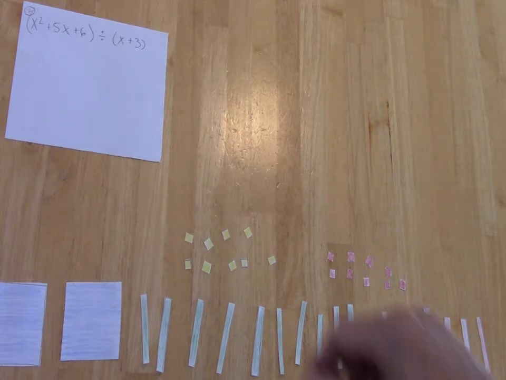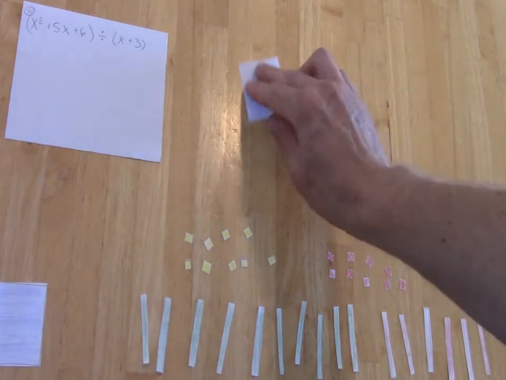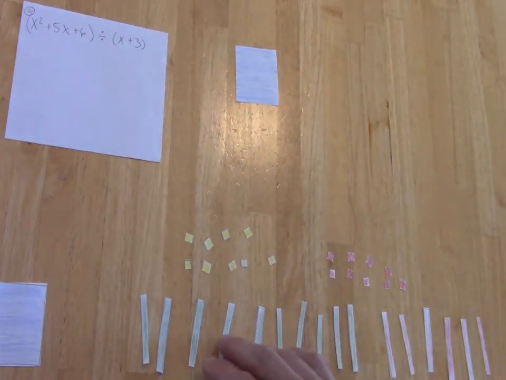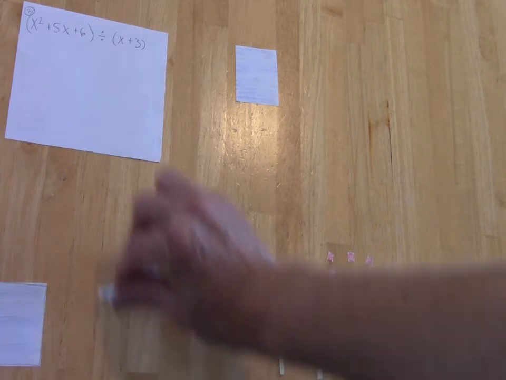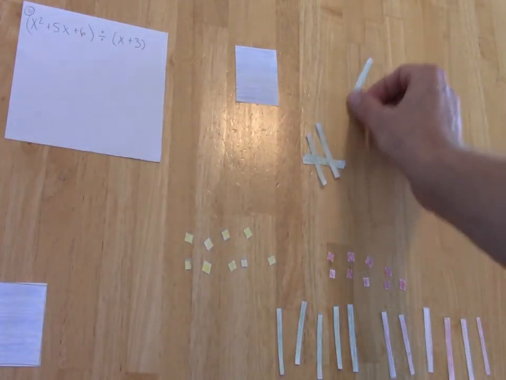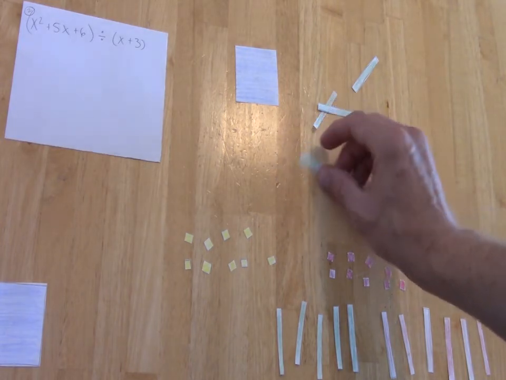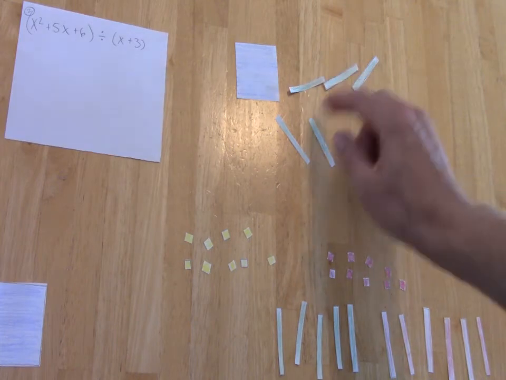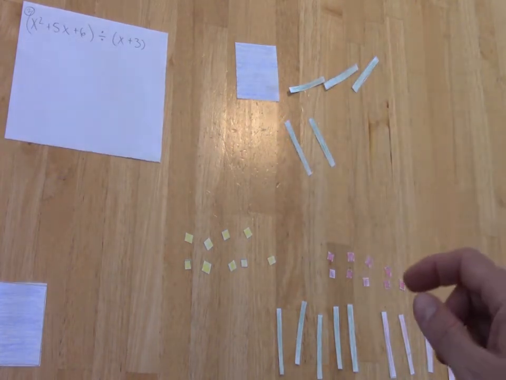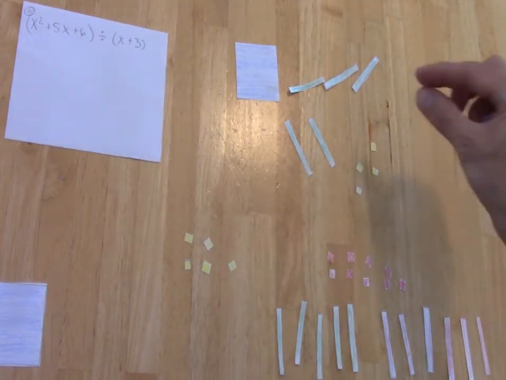So I'm going to, again, model this first polynomial with x squared, 5x's, so plus 5x's means positive 5x bars, and 6 positive little square units.